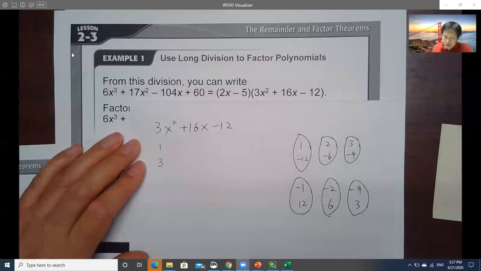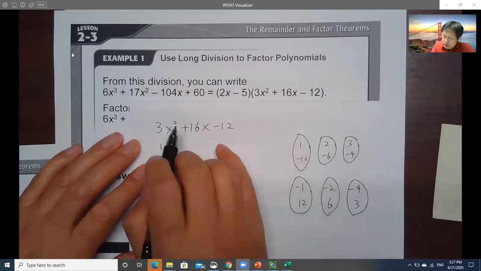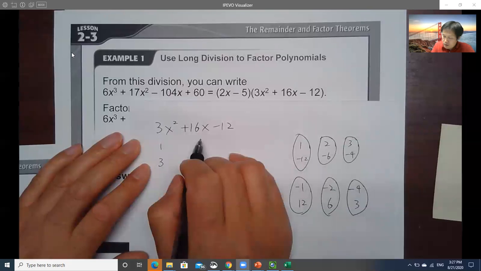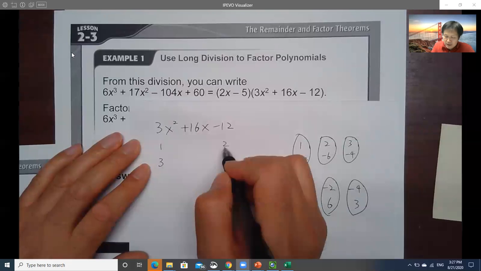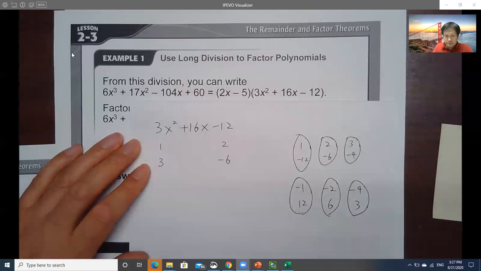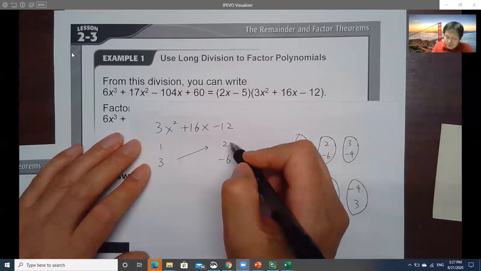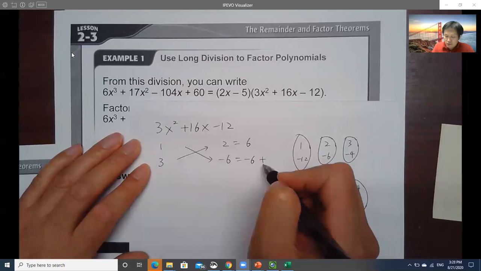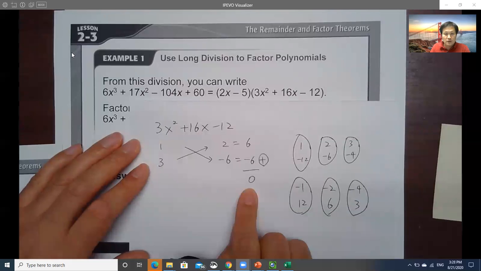Okay? So if you try 2 and minus 6, for example, multiply, you get 6. Multiply, you get minus 6. Add them, you get 0. That number should match the inside number. It's not working.